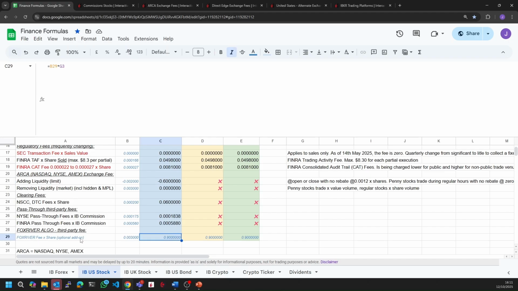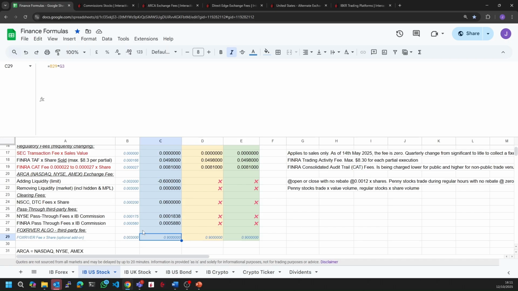This one is also optional. It's a third-party system that Interactive Brokers is using to execute large orders when, for example, someone doesn't have access to dark pools. This system will hide your order. It will split it and execute it through different exchanges at a time.